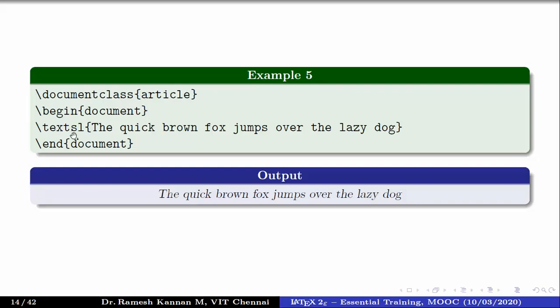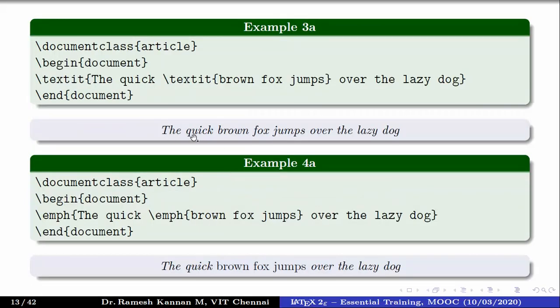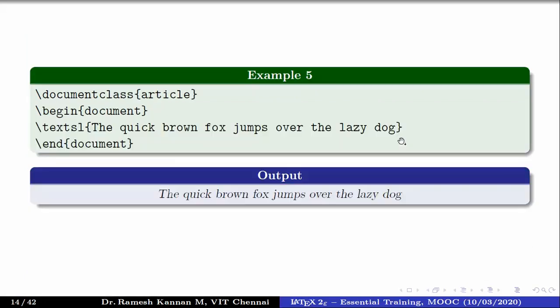And slash textsl, SL stands for slanted. Many people have the preconceived notion that slanted is also italic, but it is not true. For example, in this case, if you see, this is purely italic. If you pay good attention to this font, it is exactly different from this.